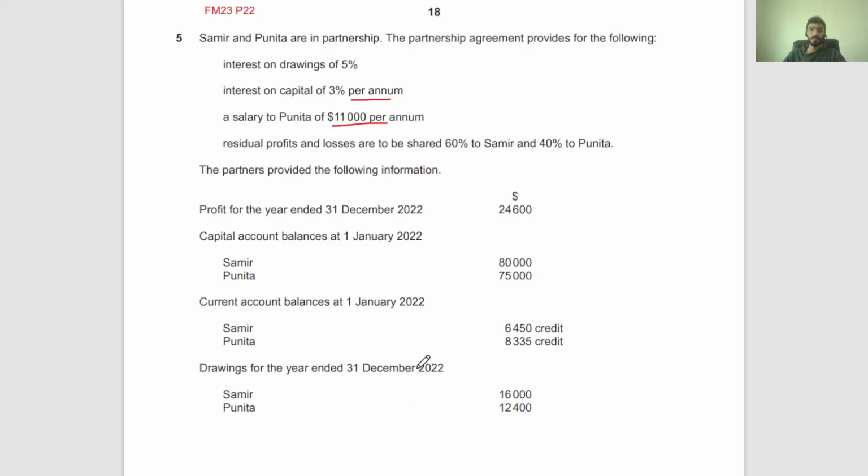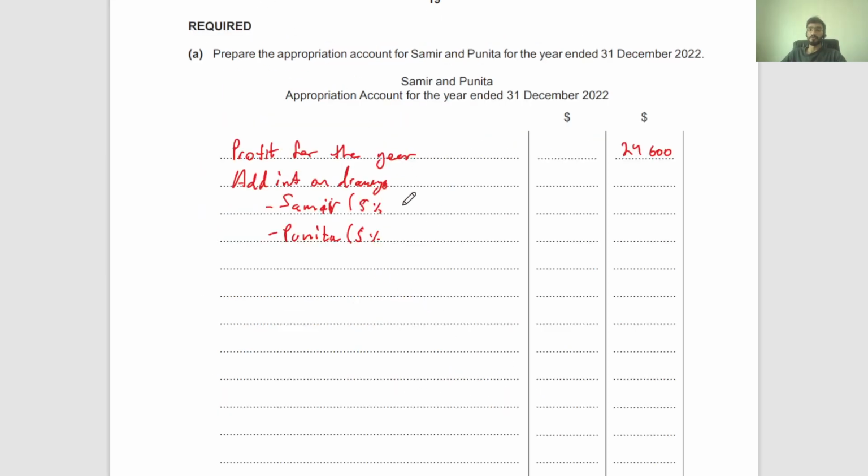All right. Drawings for the year ended 31st December 2022, 16,000 and 12,400. We can calculate 16,000 times 0.05. That's just 5%, 800.